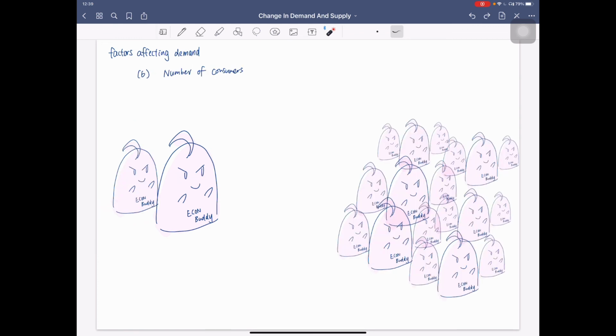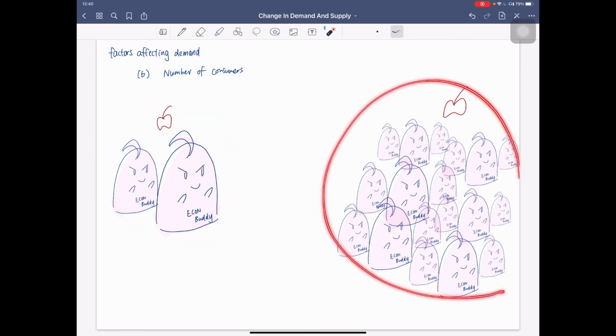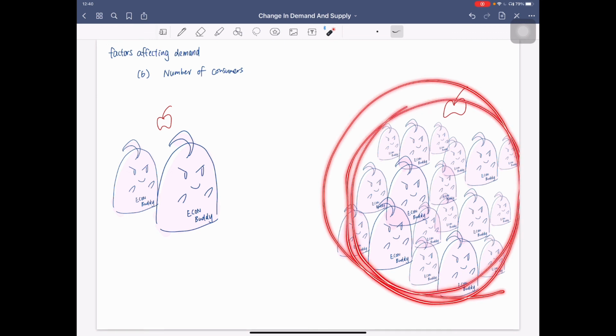The sixth factor affecting demand is the number of consumers. Let's imagine every consumer here needs 1 apple a day to survive. So they only need 2 apples. When there are more consumers, they need more apples.